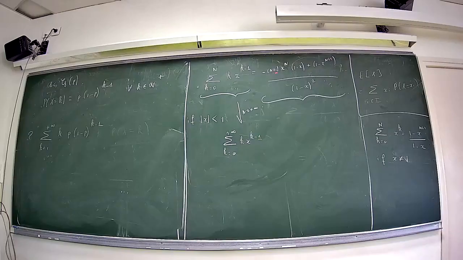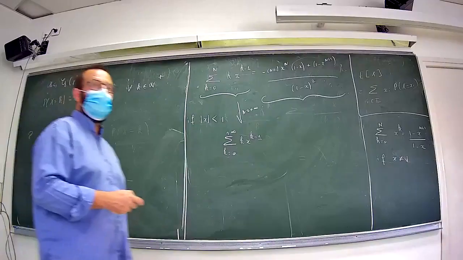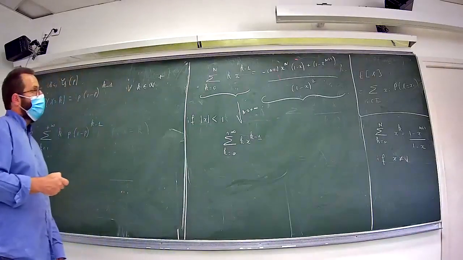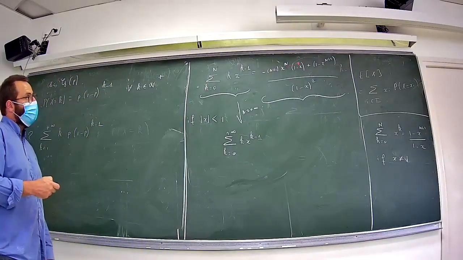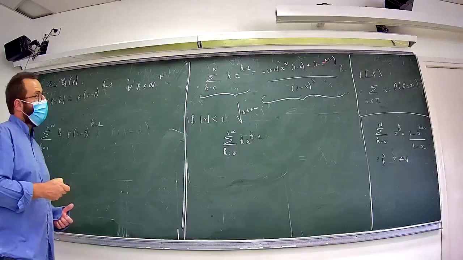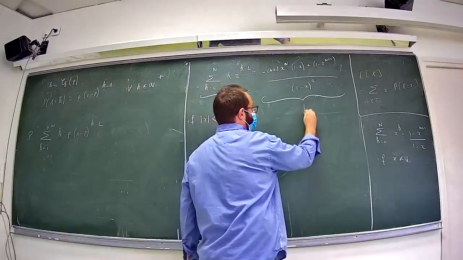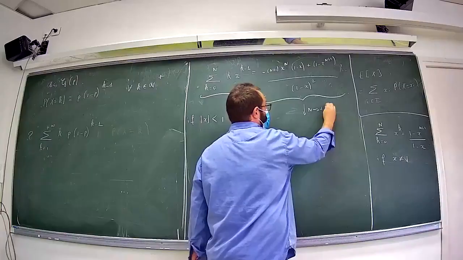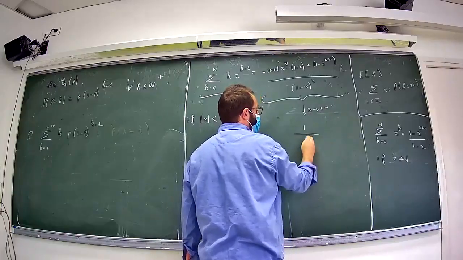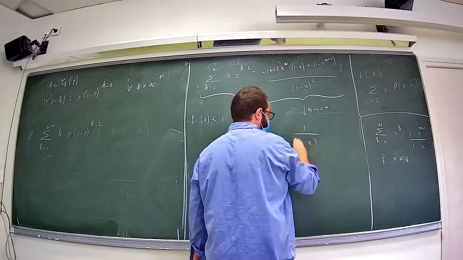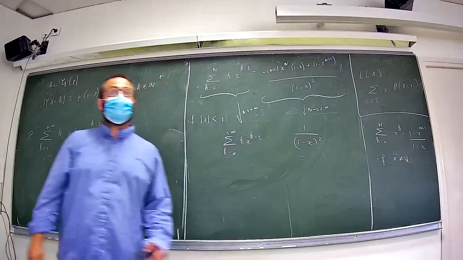If you multiply by any type of polynomial in capital N, you will converge towards 0 without problem, okay? So it means that this one is 0, this one is 1, so it remains just one over 1 minus x squared. Okay?